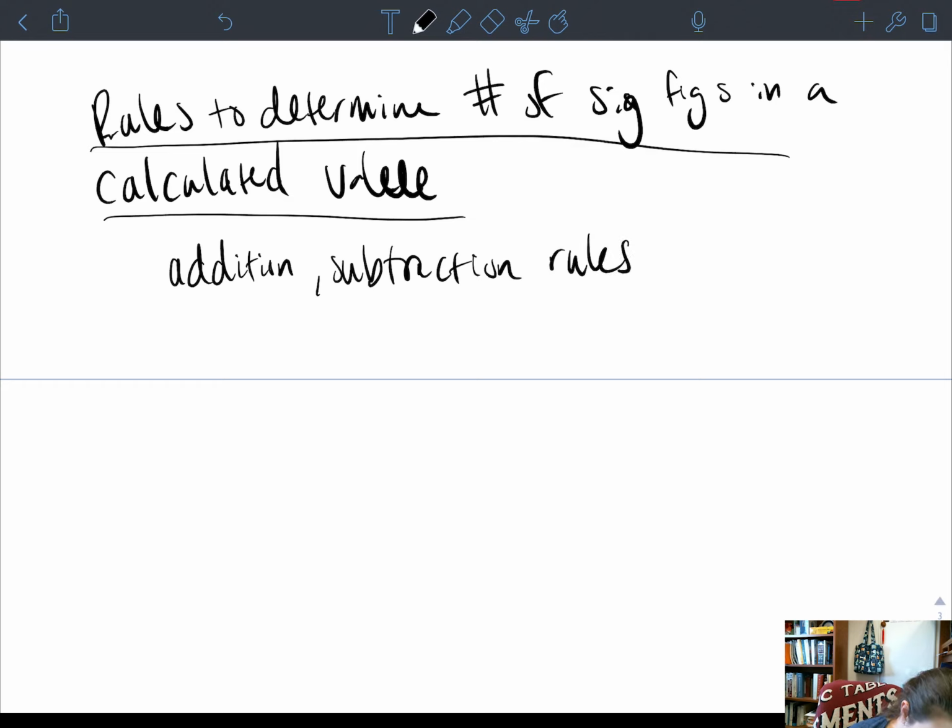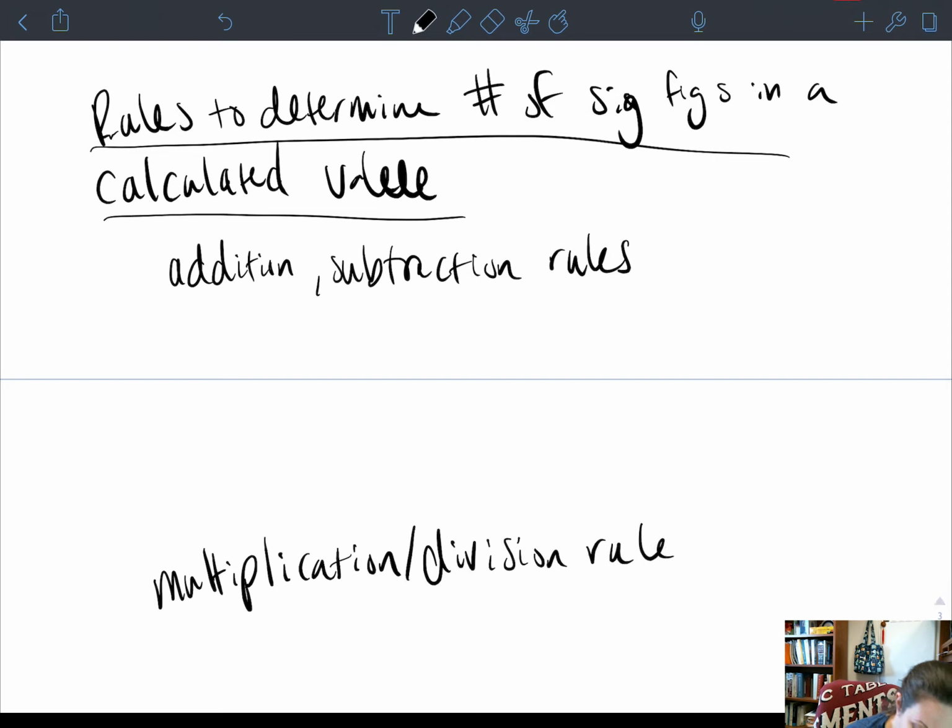And we have multiplication division rules. Okay. So when we are taking two values or multiple values and we're doing some sort of calculation with those values, we use two different sets of rules to determine what our end value significant figures will be.